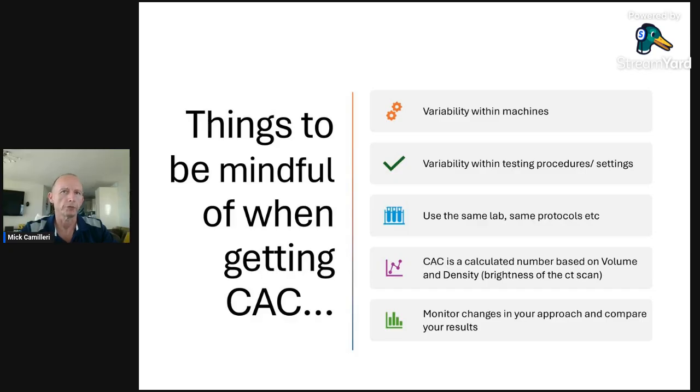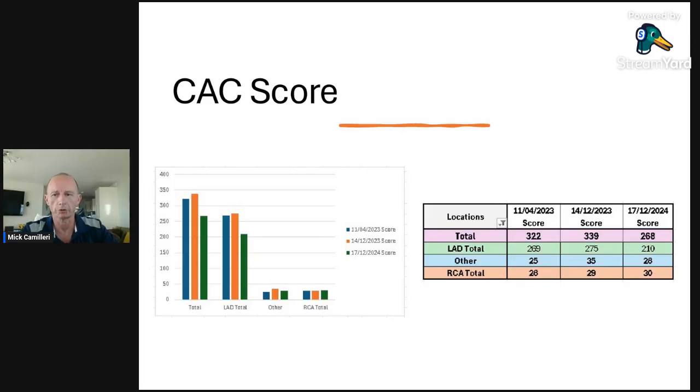Even the way the machine reads, there could be some settings that are slightly different, how many slices they take, the heart rate that you've got, and the quality of the image, the variability within the testing procedures and settings, so use the same lab and protocols. Remember that the CAC is actually a calculated number, and we'll get into more detail on that in a sec. And monitor your changes in your approach and compare your results. Again, this is a relative number rather than purely an absolute.